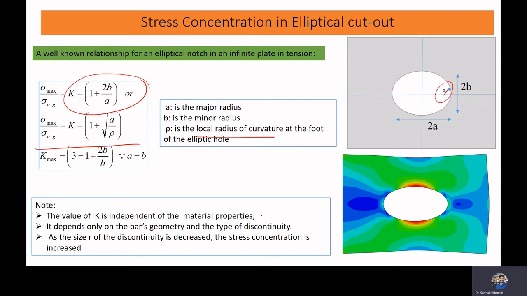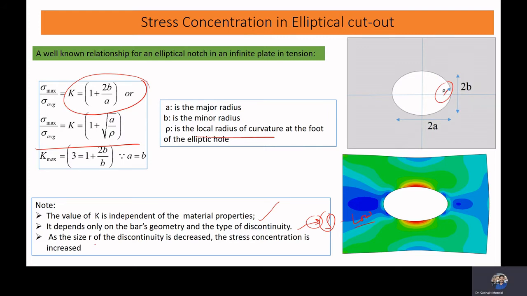So we have learned that the stress concentration factor is independent of the material property and is dependent upon the property of the geometry, and also upon what type of discontinuity we have. If we have a local radius of curvature of low magnitude, then we'll have a high stress concentration there.